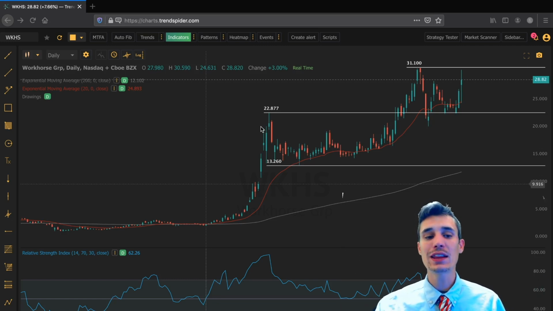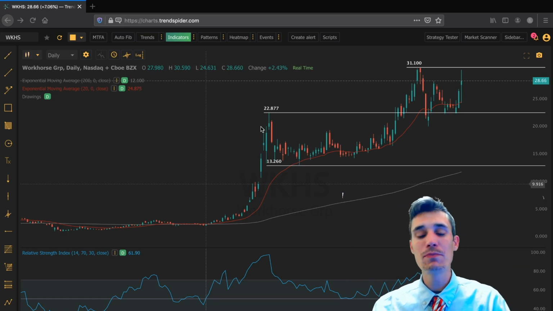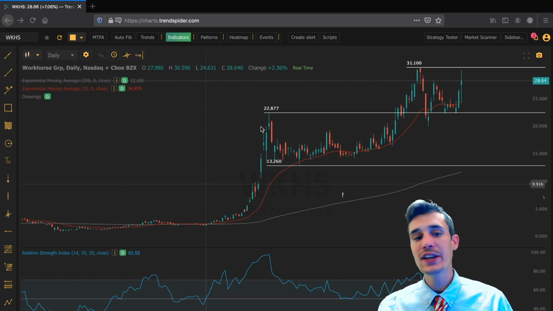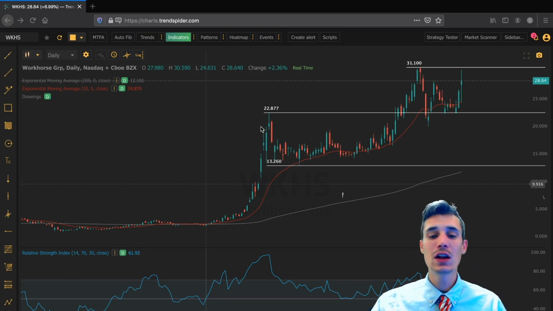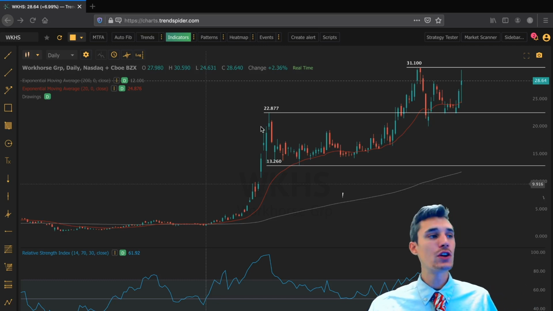It shouldn't be like that. You should have a plan. Why are you buying here? Why do you want to sell up here? And why do you want to put your stop loss there? Candlestick charts can allow you to form those plans, and that's why I love technical analysis, and that's why I love using candlestick charts.